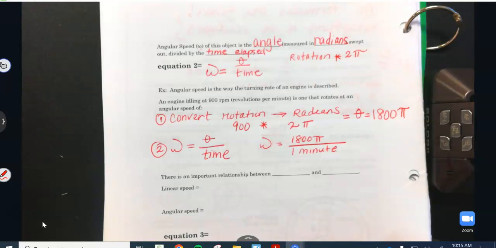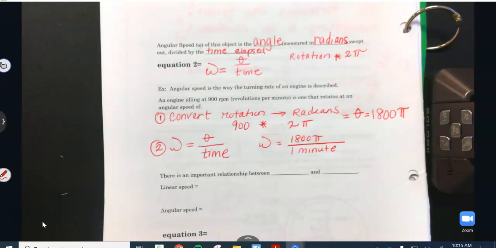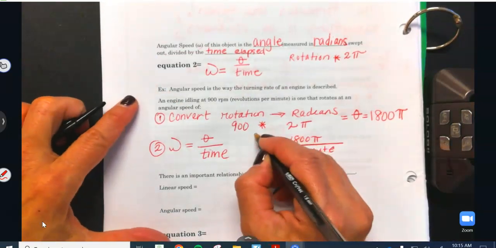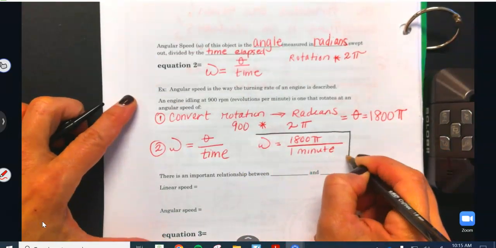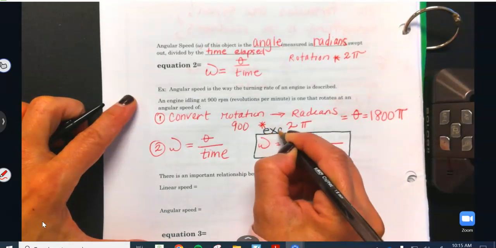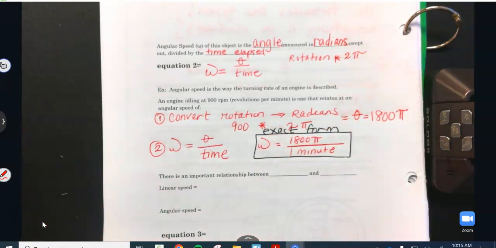So let's talk about that. See that pi symbol? What's the number for pi? You don't know. I don't know either because it never stops, right? So this is exact form. You know I'm going to be asking you for exact form. It's in terms of pi.